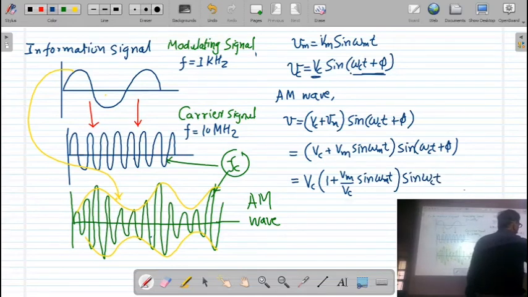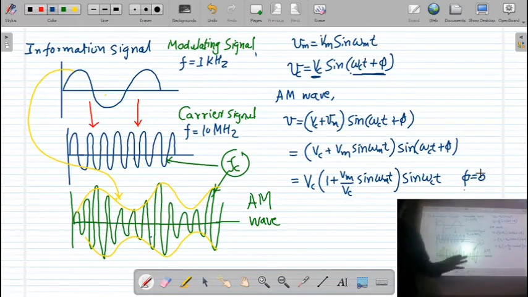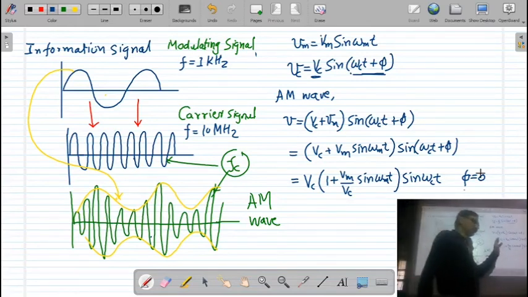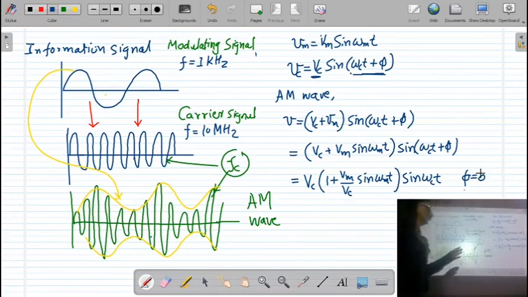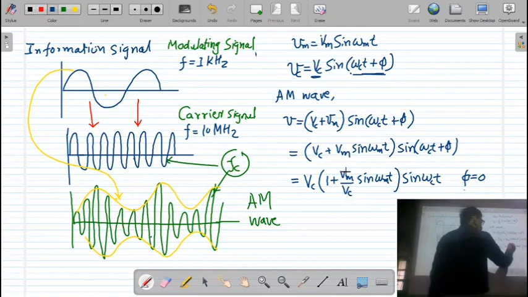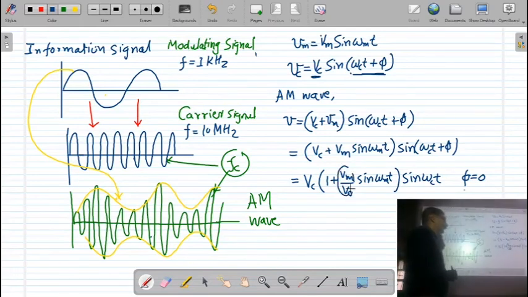Here we consider that the initial phase of the signal is 0 or it is not going to change, so it does not take part during the modulation process. Whatever the ratio Vm by Vc is, it is defined as the modulation index.